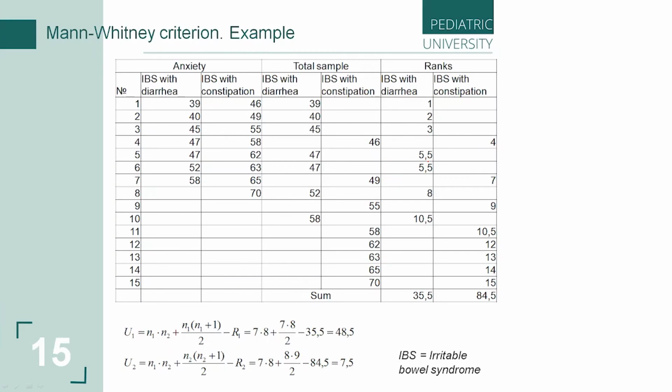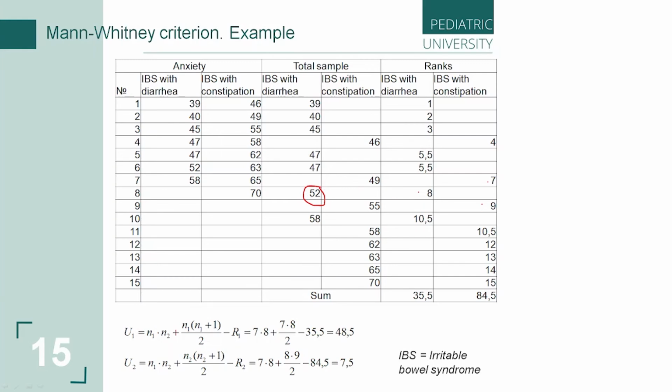This means that the values 47 and 47 will have the same rank of 5.5. Then ordinal number 7 for the number 49 has rank 7. Ordinal number 8 for the number 52 is rank 8.